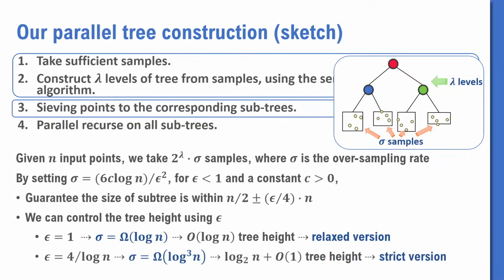And then by some simple Chernoff bound, you can show if you put at least log n elements here, the tree height will be log n with high probability. And by some more complicated but high school level calculation, you can show that if you put log n cubed elements within each leaf, the tree height will be log n plus a constant factor. Okay, and that's the strict version. And in practice, you can use this version, and that's already pretty good.